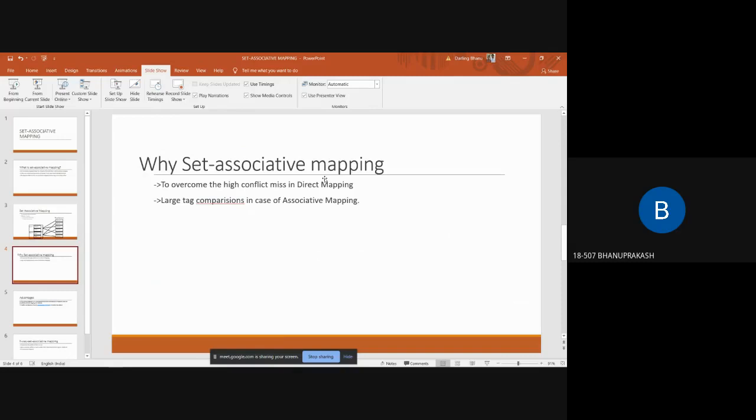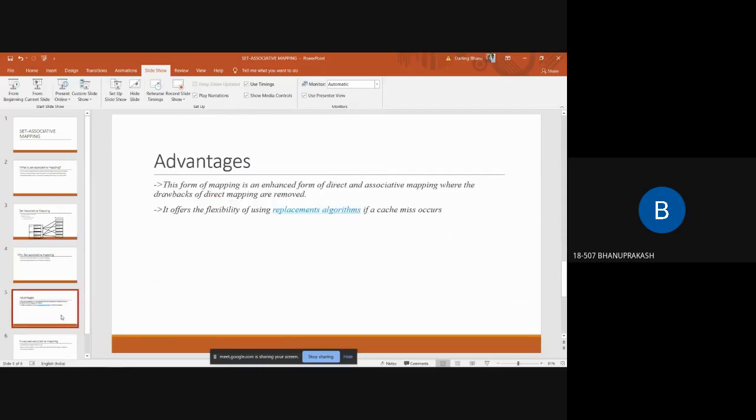In direct mapping, the cache hit ratio is very low. In associative mapping, the time taken for comparing the tags is more, because the comparators will check each tag element, so it will take more time. In set associative mapping, these conflicts are suppressed.